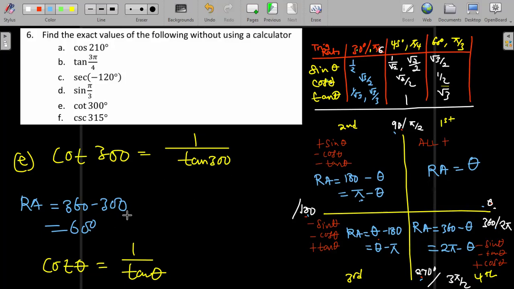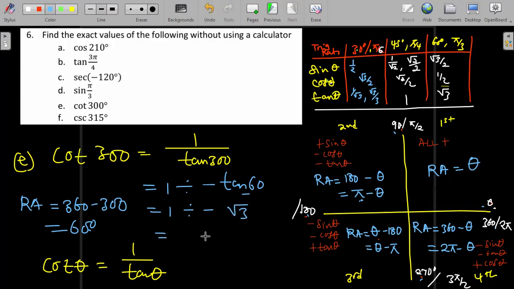But now check if the tan is negative or positive in the fourth quadrant. So the tan here is negative. So this one will be the same as 1 divided by minus tan 60. Okay, so what is tan 60 as a special angle? Tan 60 is just root of 3.